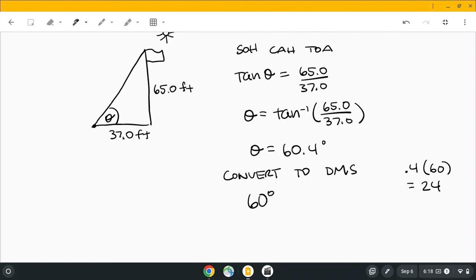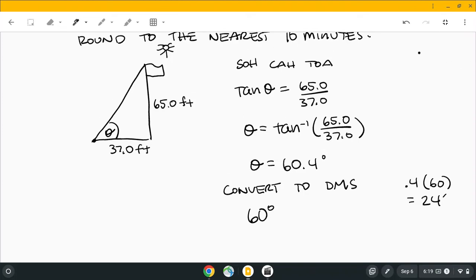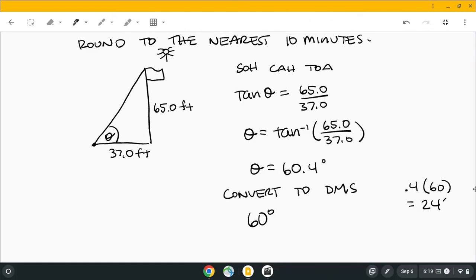Okay, so this here is 24 minutes, but we don't want 24 minutes because the problem says to round to the nearest 10 minutes. So is 24 minutes closer to 20 minutes or 30 minutes? 24 minutes is closer to 20 minutes.